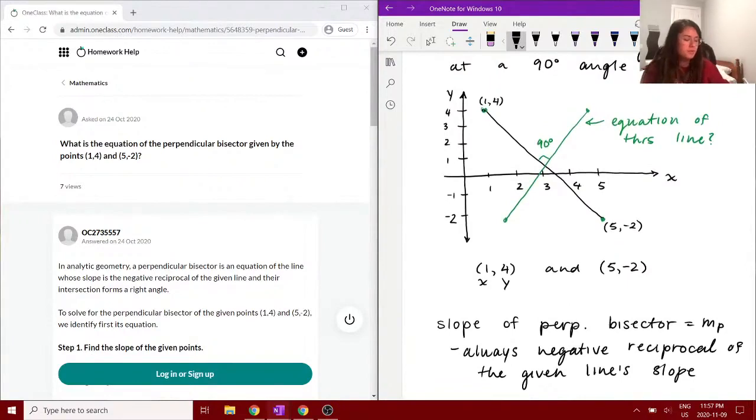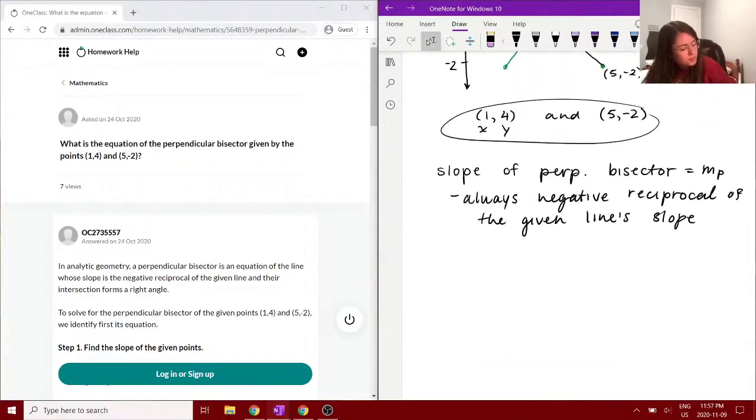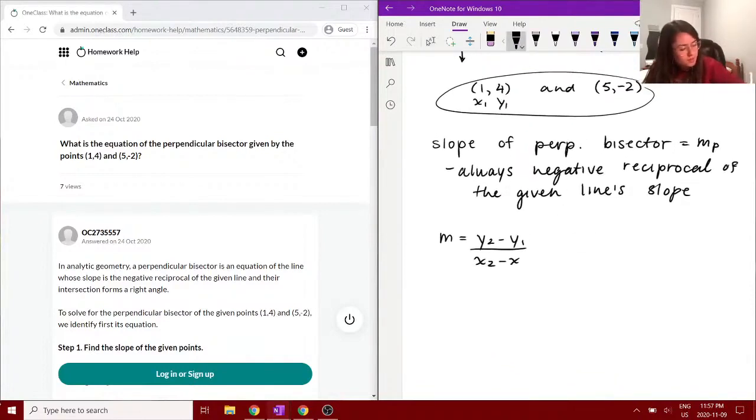Remember, we have the two points that are given here. So let's find the slope of the given line. Remember the equation for slope is m equals y2 minus y1 over x2 minus x1. This is x1, y1, and this is x2, y2.